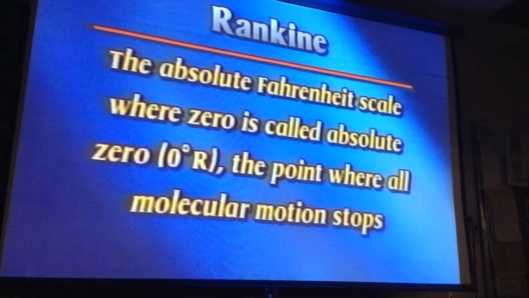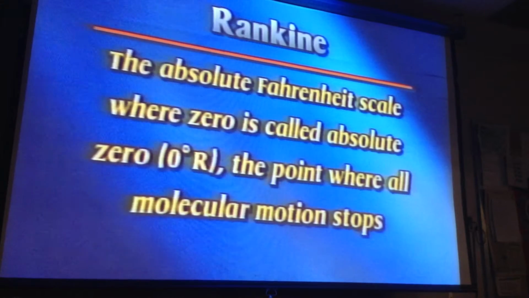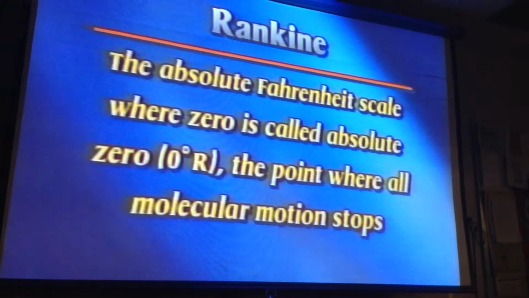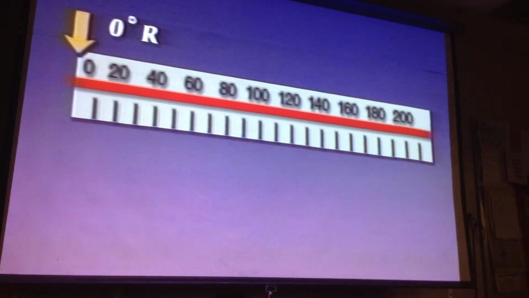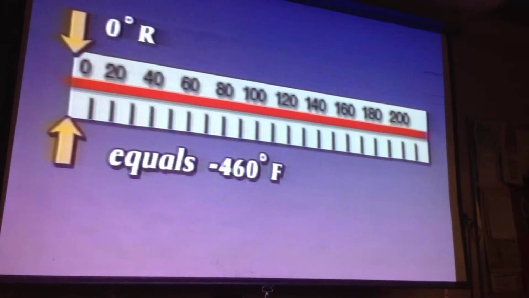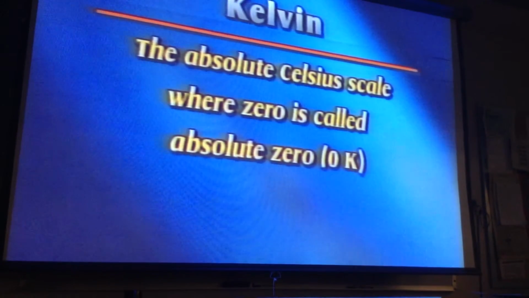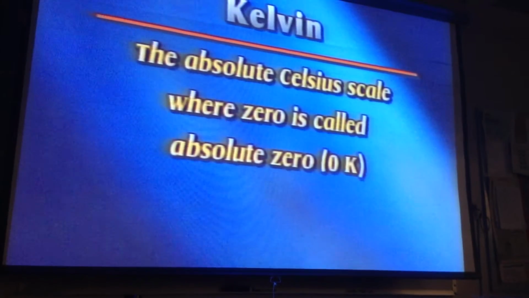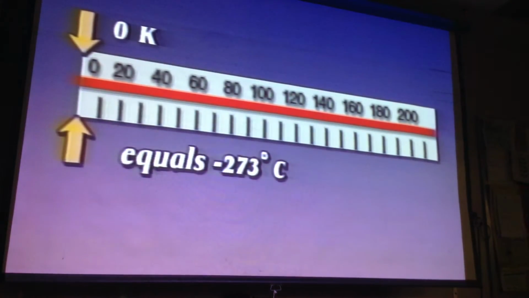Rankine is the absolute Fahrenheit scale where 0 is called absolute zero, the point where all molecular motion stops. 0 on this scale is equal to minus 460 degrees Fahrenheit. Kelvin is the absolute Celsius scale where 0 is called absolute zero, the equivalent of minus 273 degrees Celsius.